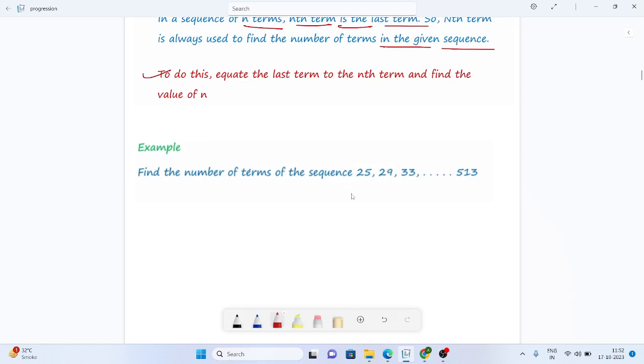Okay. So he asks: find the number of terms of the sequence 25, 29, 33, and so on up to 513. So first we check whether it is AP or not. So what we do, we find the common difference. 29 minus 25 is 4. 33 minus 29 is 4. So the common difference is constant, so it is an AP. Now this is the last term, or nth term, right?